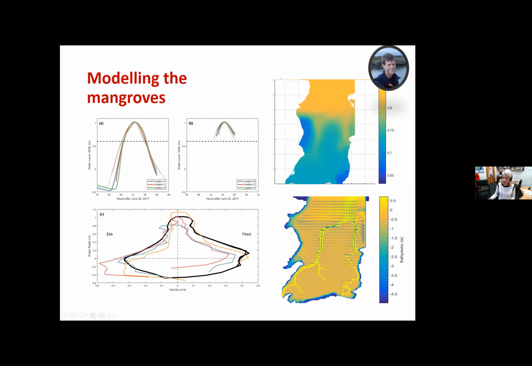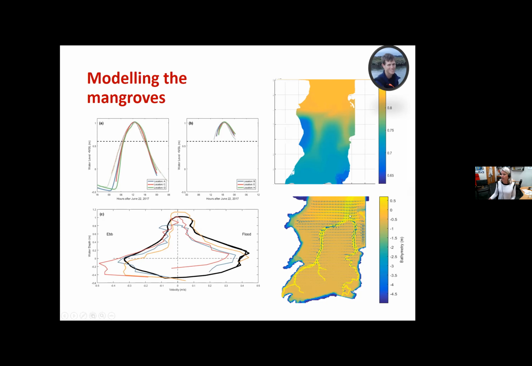He also had some current meter measurements, and those are plotted down here. This black line is the model, and the red, blue, and yellow lines are 3 different observation points that were out here in the channel.